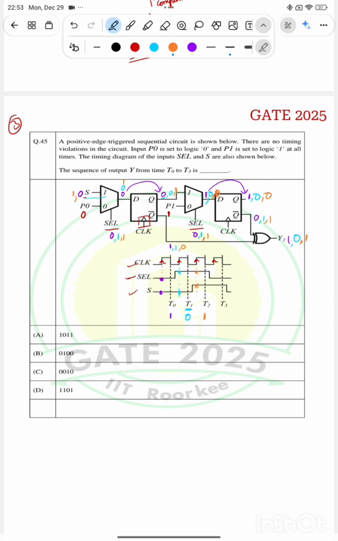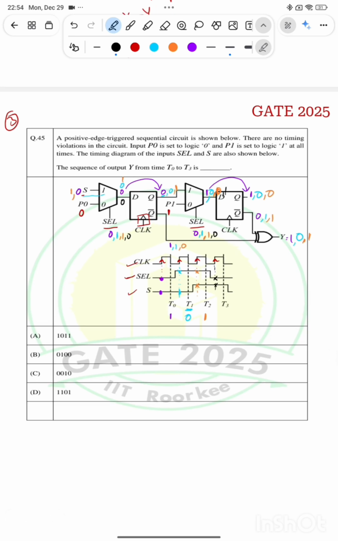Now for the next rising edge, here again SCL is 0 and S is 1. So SCL is 0, right. So SCL 0 means I will get here output as P0 and here the output will be equal to P1, P1 is 1.